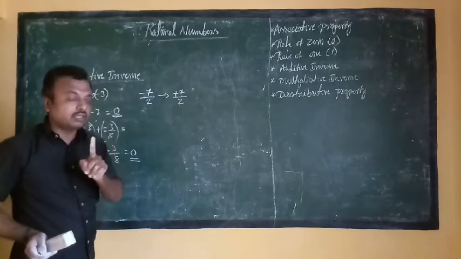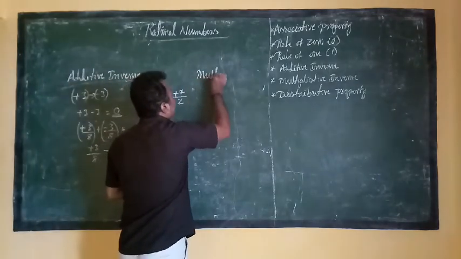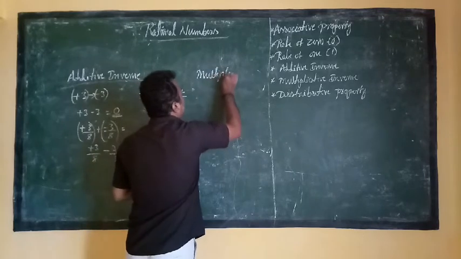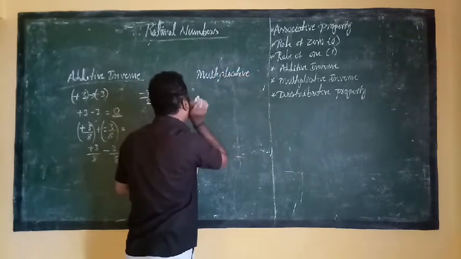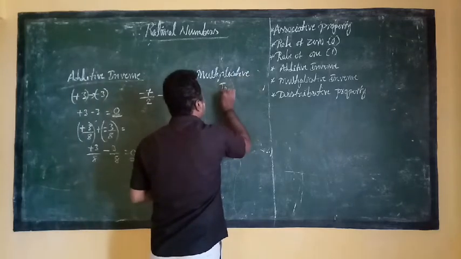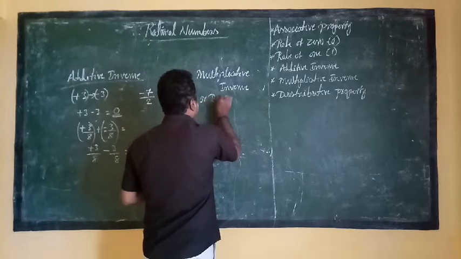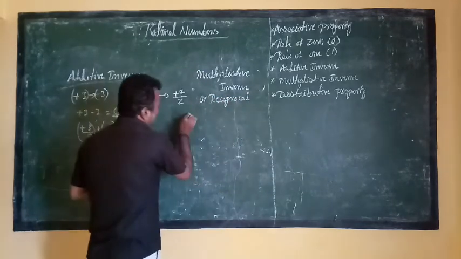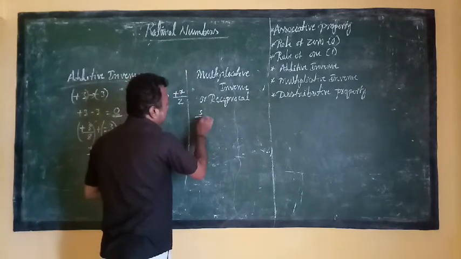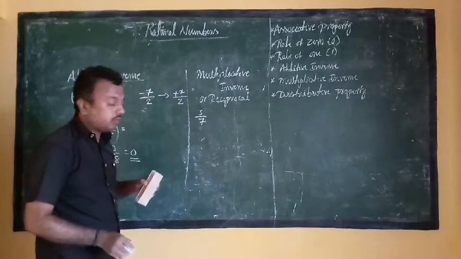Minus becomes plus, plus becomes minus, but the numerator and denominator do not change in the additive inverse. But the multiplicative inverse, see students, multiplicative inverse is the reciprocal. See students, 3 by 7 I will take. 3 by 7 is one of the rational numbers.